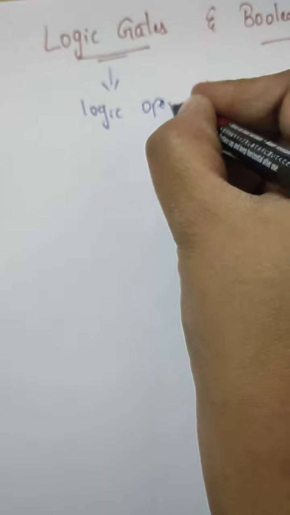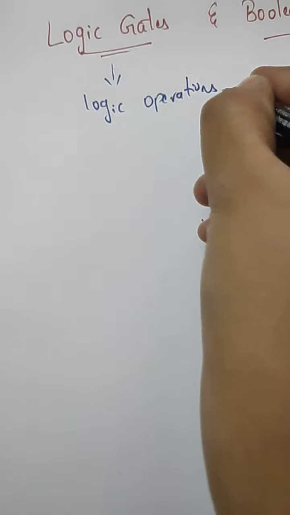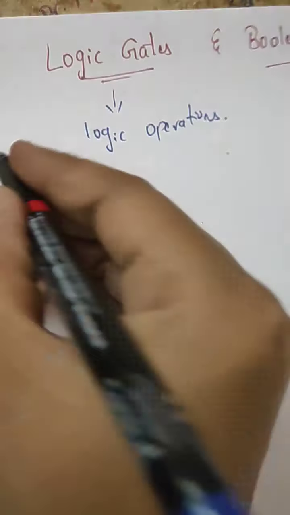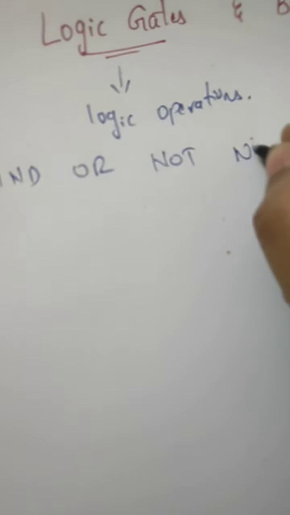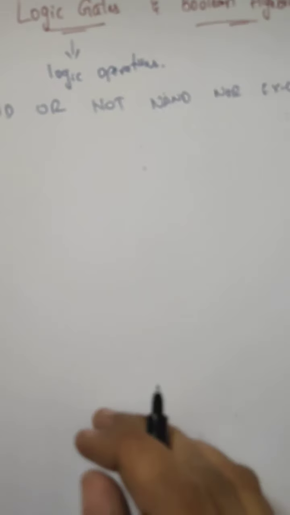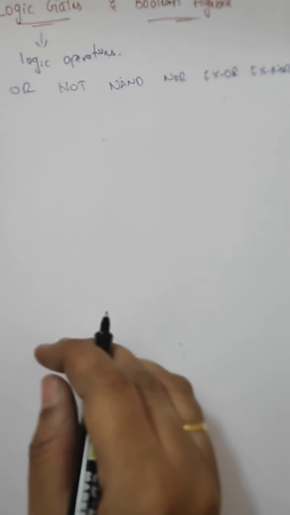To perform these logic operations, logic gates come in different types of gates like AND gate, OR gate, NOT gate, NAND gate, NOR gate, XOR gate, and XNOR gate. These are the types of gates involved in logic gates to perform logic operations.